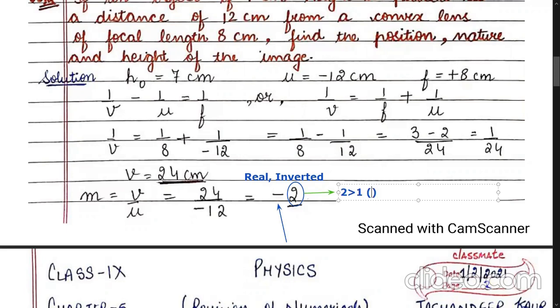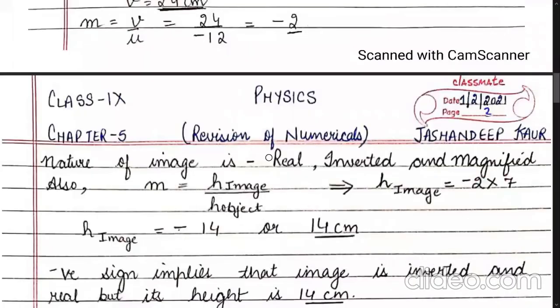It means that image is magnified, or you can say image is enlarged as compared to the object. So this is the nature of the image. Image formed is real, it is inverted, and it is magnified. So nature of the image is real, inverted, and magnified.